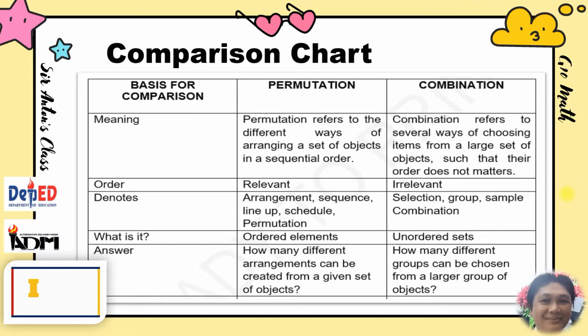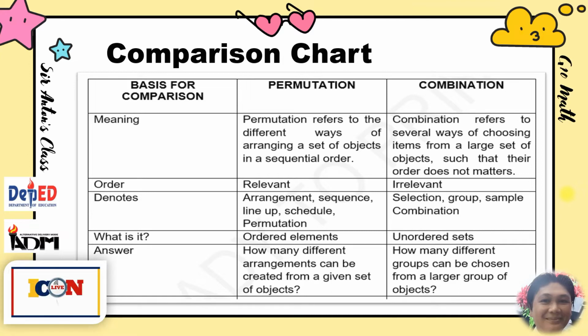Okay, the basis for comparison. The meaning. For permutation, it refers to the different ways of arranging a set of objects in a sequential order. For combination, it refers to several ways of choosing items from a large set of objects such that their order does not matter.